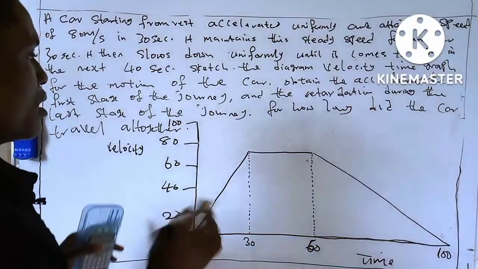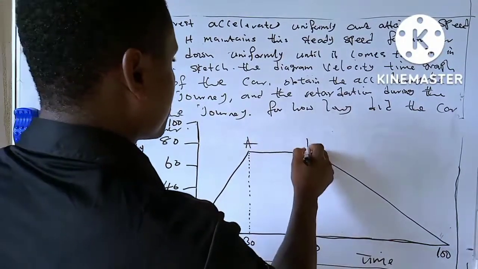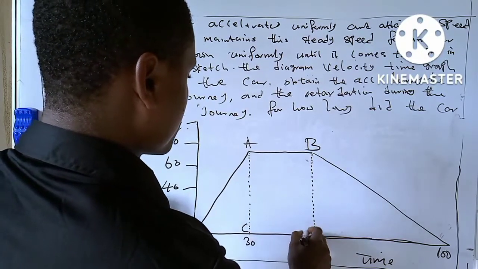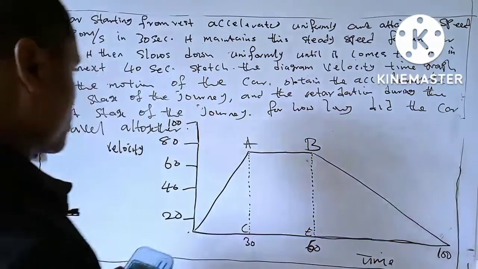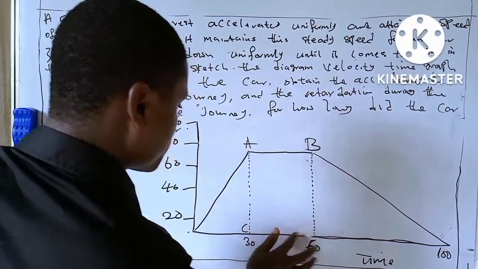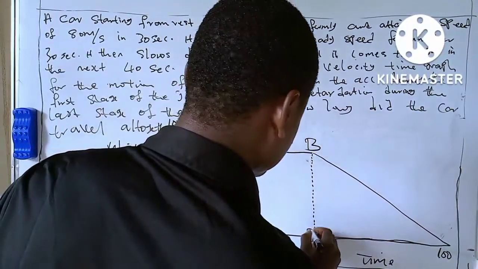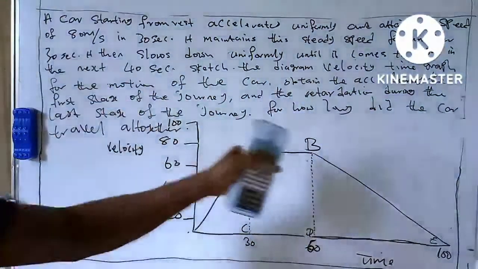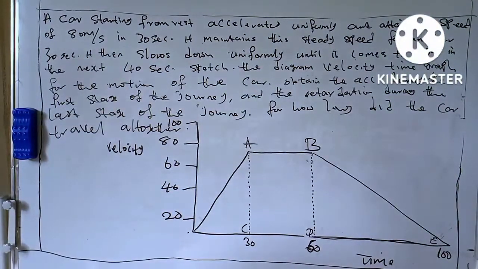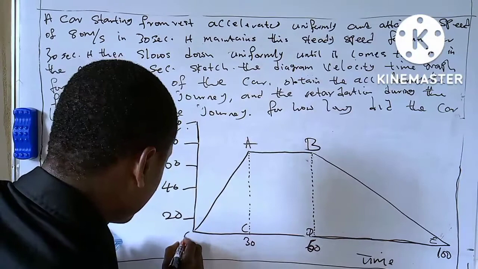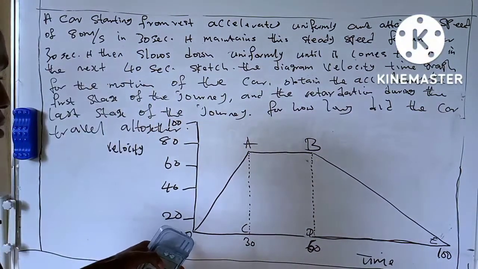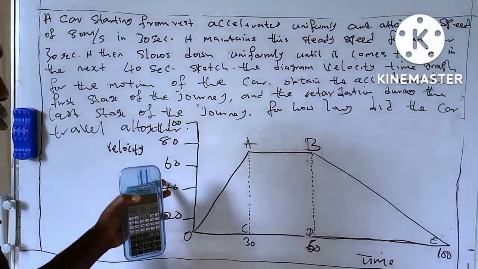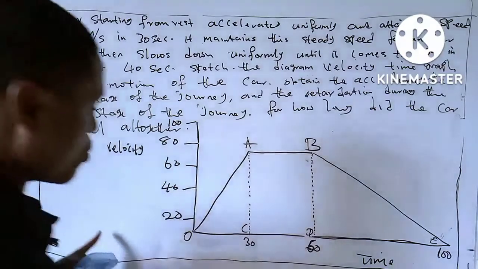Let's just name here A, here B, and here C, D, and E. A, B, C, D, and E. Here O, know that here is a starting point. So 0 to 20, 20 to 40, 40 to 60, 80 to 100.